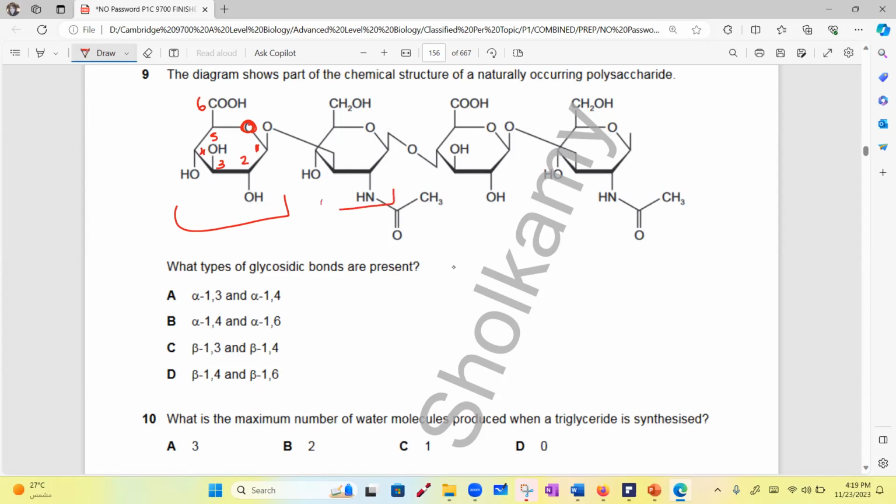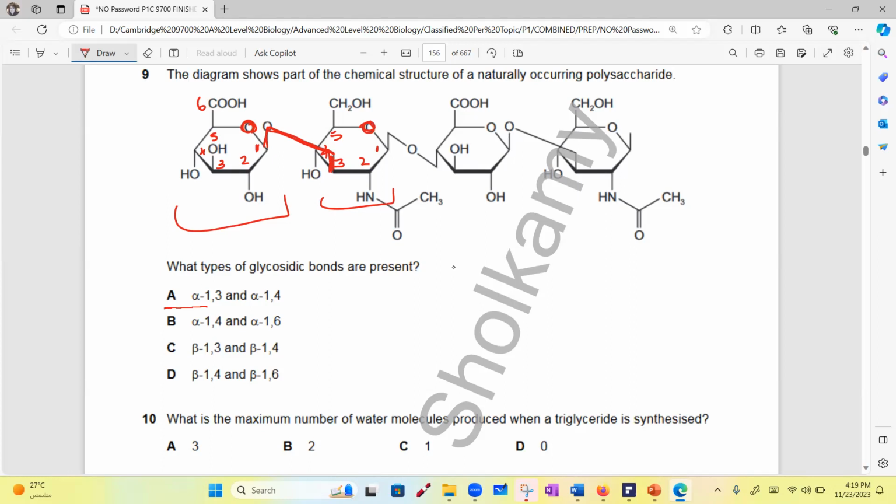Now let's look at the second ring. Again, oxygen is up here, so it is upright. So the numbering of the carbon atoms will move in a clockwise direction. 1, 2, 3, 4, and 5. So this bond is between carbon what and carbon what? 1 and 3. Okay?